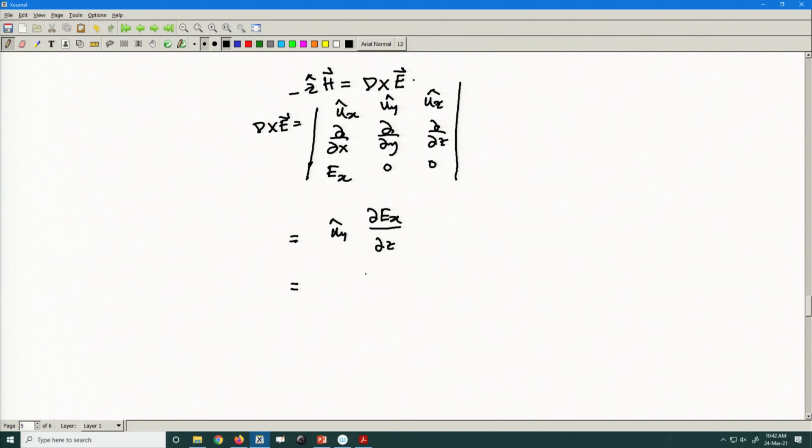So, this can be written as E x, minus j k, u y, because of this del del z differentiation. So, e to the power minus j k z, minus j k is going to come out, and then we have e to the power minus j k z. So, that will be the same as E x.